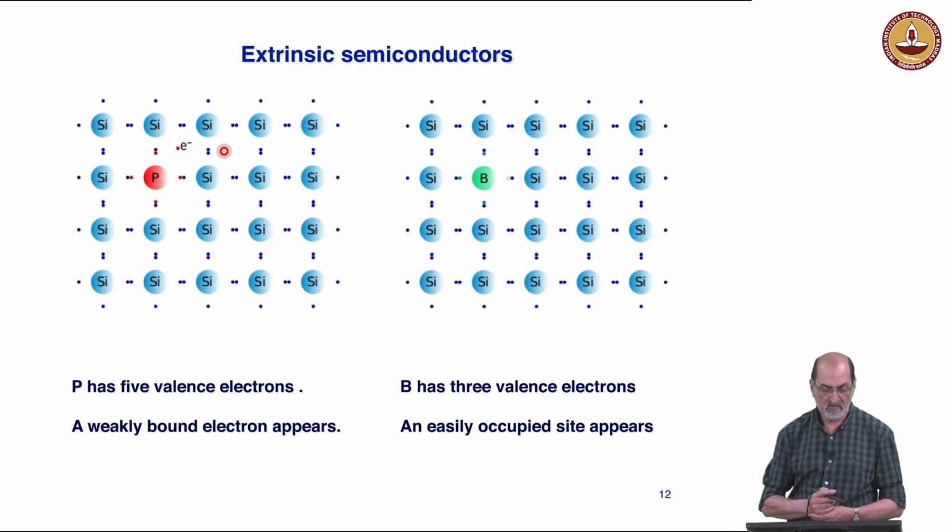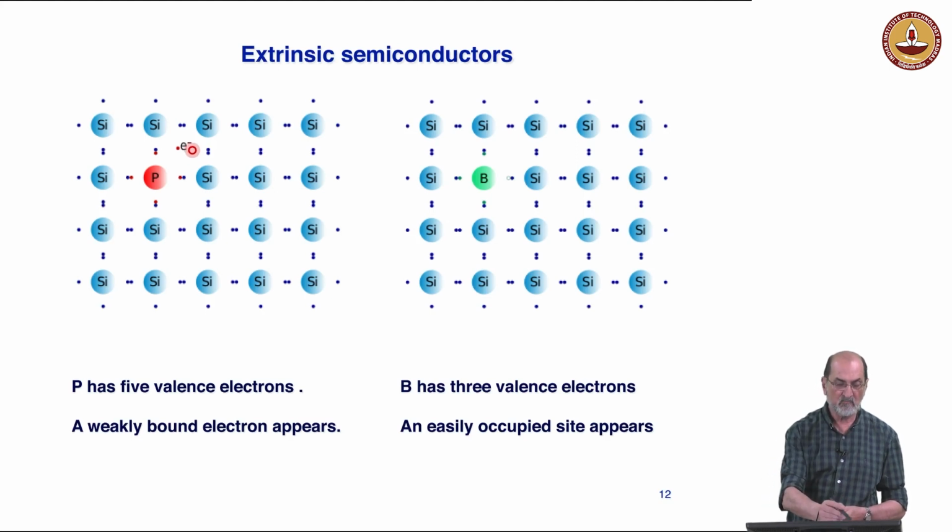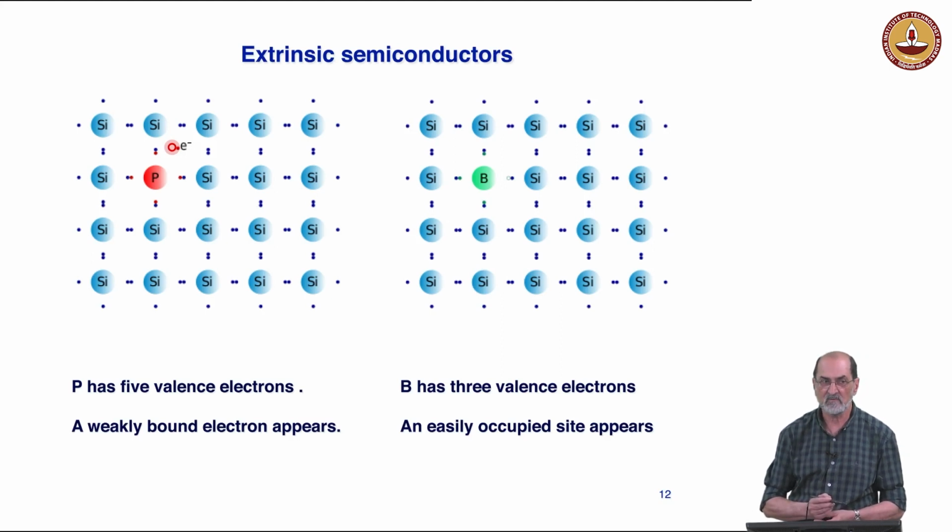Why? Because this electron is moving in a medium which is not vacuum. This is silicon crystal. And in the silicon crystal, the electron can have a different effective mass, not the mass of a free electron. And more important than that is that the electron is moving in a medium with a permittivity which is much higher than that of vacuum.